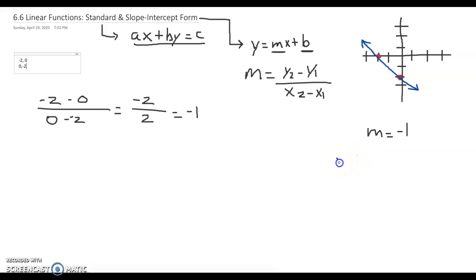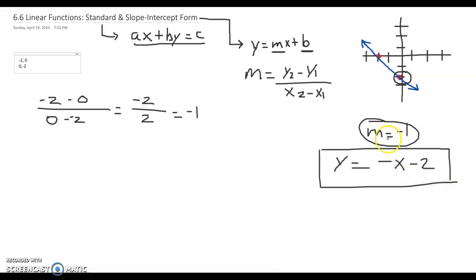So we have y equals -x, because remember, 1 is the same as saying -x, minus 2. This is what we were searching for when we plugged in that point. The -2 came from right here, and that is our answer.